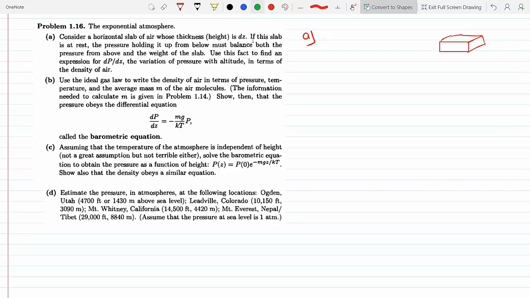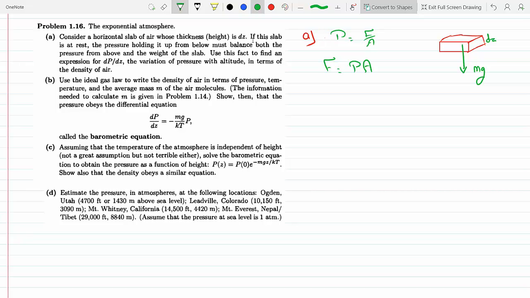So the height is dz. We have a pressure here and a pressure here, and we have the weight, the mg of the air slab. We know that pressure is force over area, so the force has to equal pressure times the area.